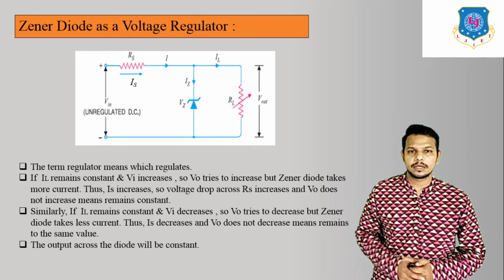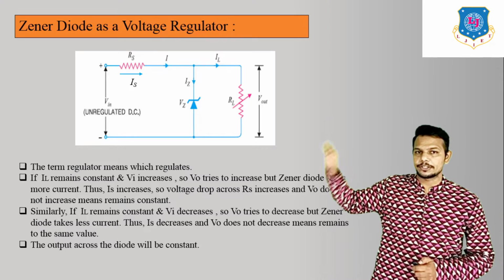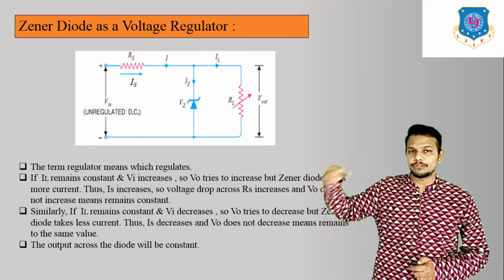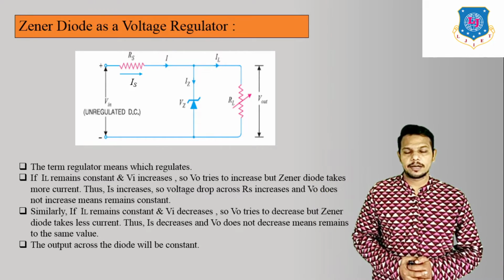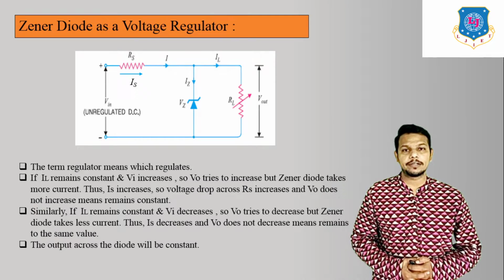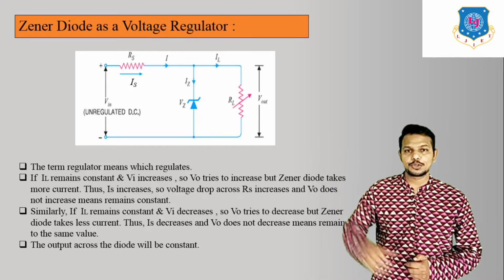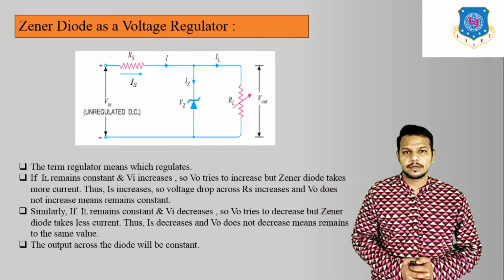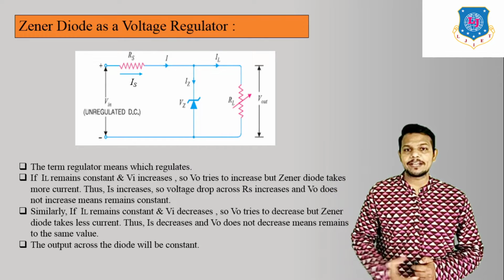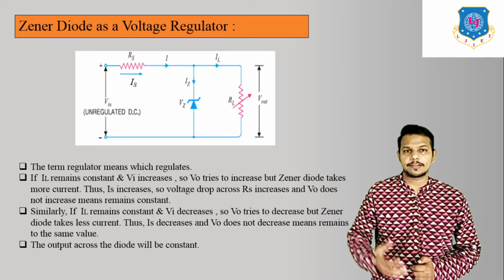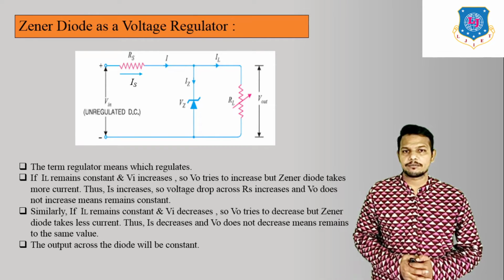The term regulator means which regulates. Now here we have to regulate the voltage Vout. It should be constant. Now how does it remain constant? For that we have to explain this phenomenon.